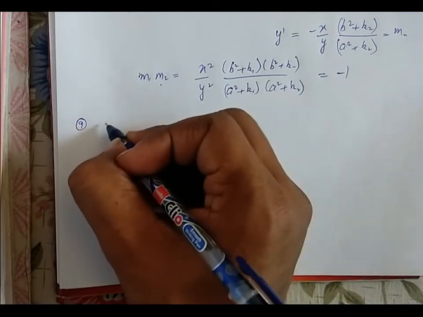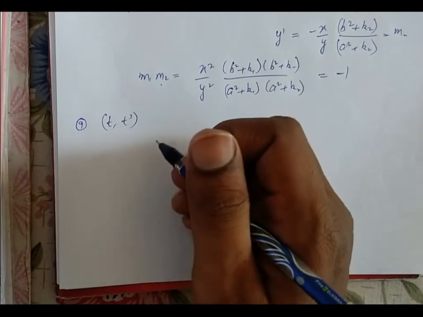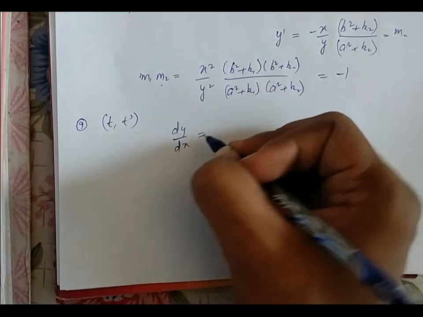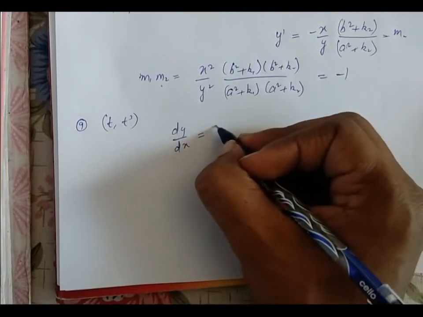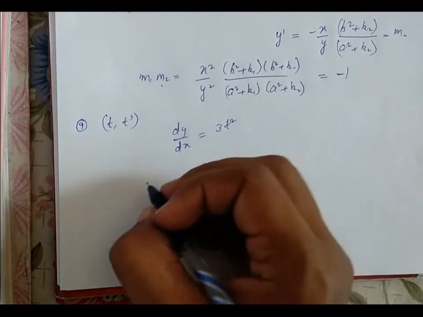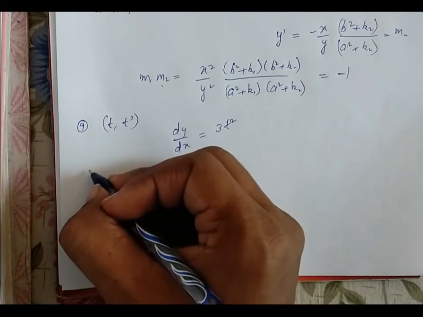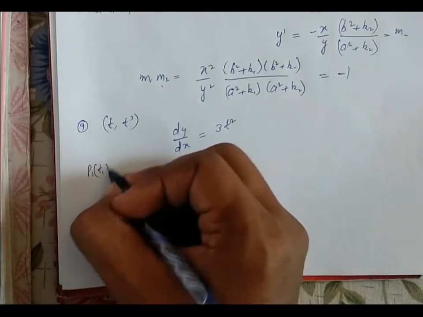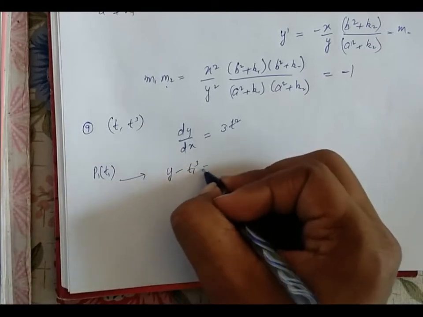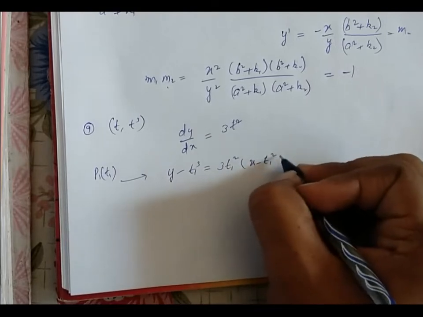So let any general point on the curve be t, t cube, just like a parabola. And dy by dx should be equal to 3x square, which is 3t square. Okay, tangent at P1. So let the parameter for P1 be t1. So the tangent would be y minus y1 is equal to m times x minus x1.